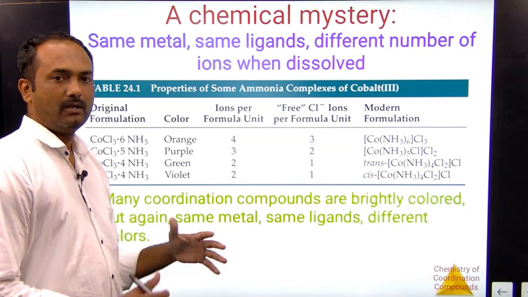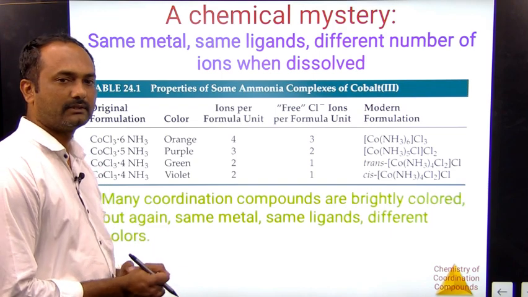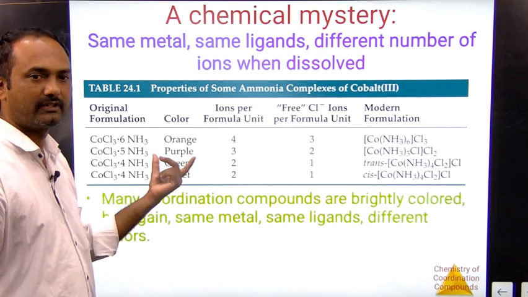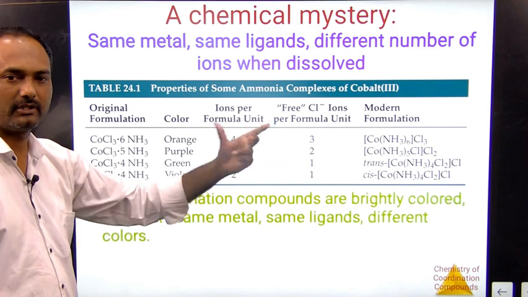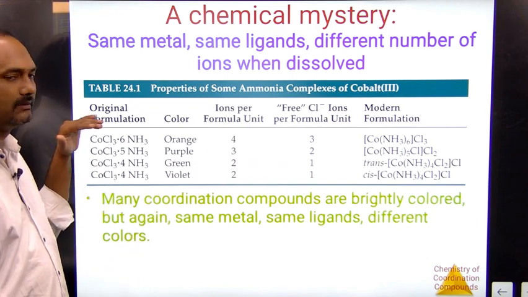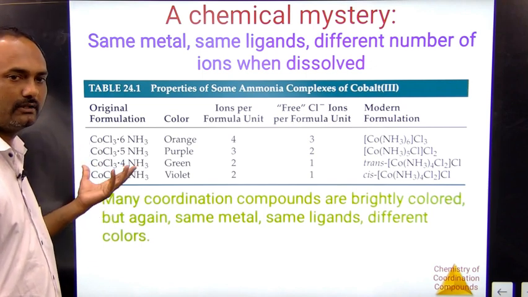Now we can see some magical things about coordination complexes. This is the chart showing the original formula, then the color, then the number of ions, free chloride ions, and modern formulations or modern names. Here we can see that a similar central metal atom is there in the complex, that is cobalt.